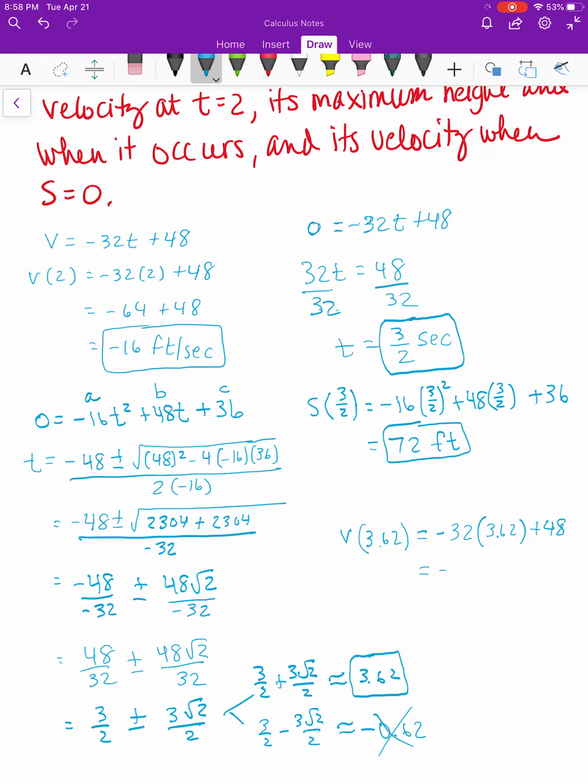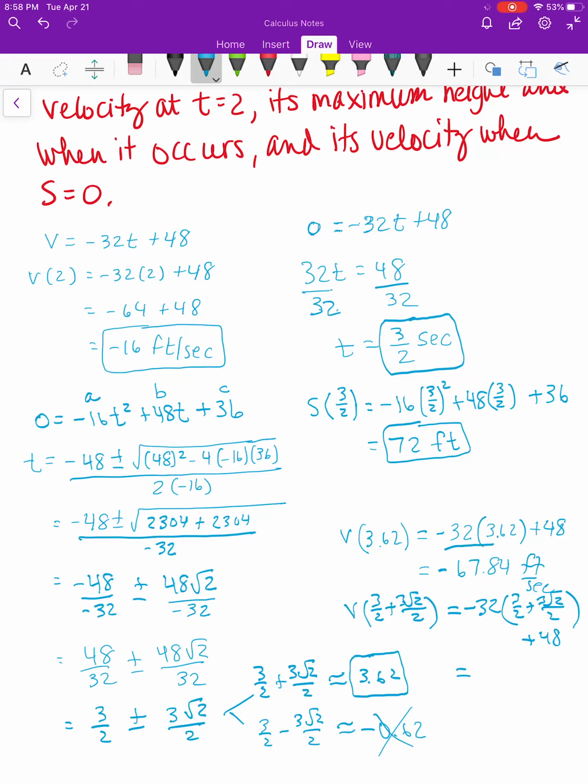So this is going to be negative 32 times 3.62. And I kind of want to recommend that you put the exact value in just so you're rounding correctly. But I must admit that I didn't this time and it did not give me an error.